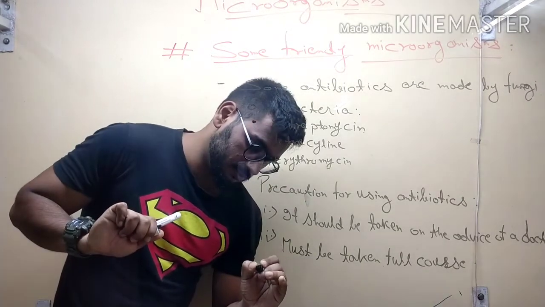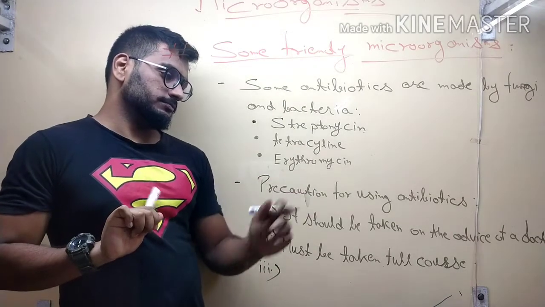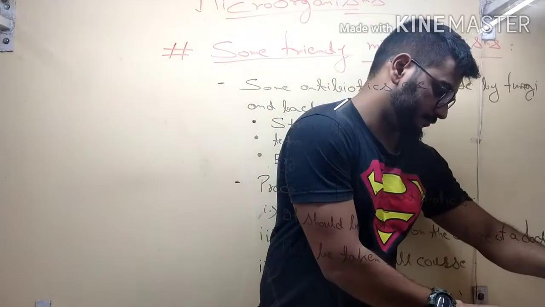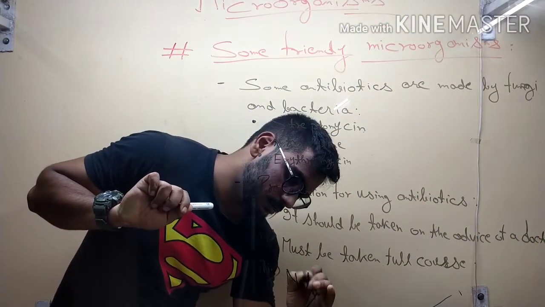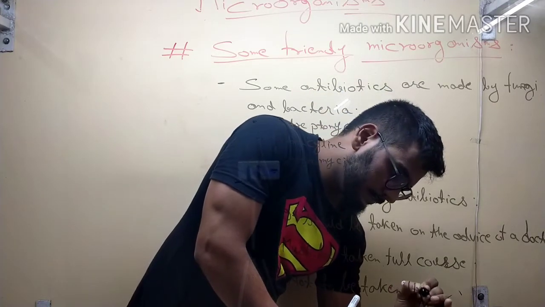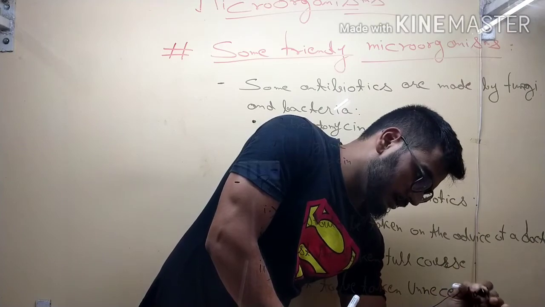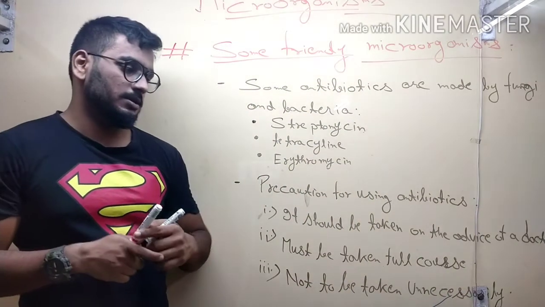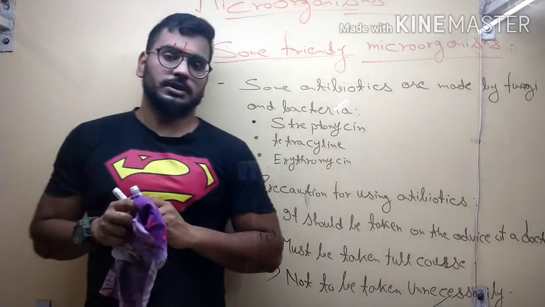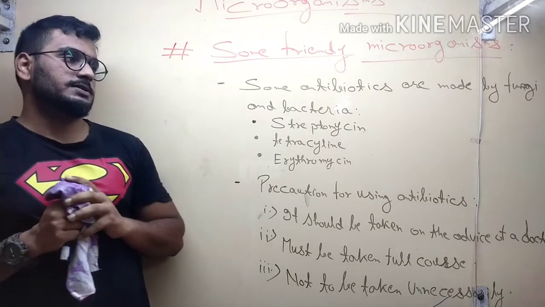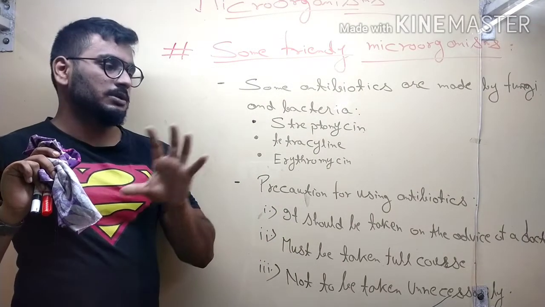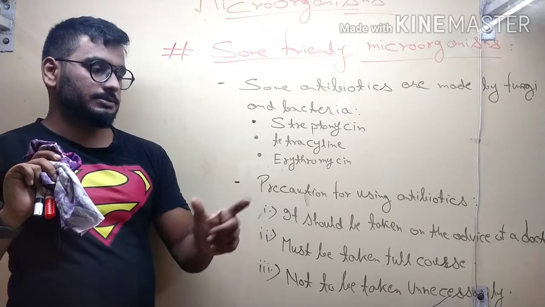वी हैव वन मोर पॉइंट अबाउट प्रिकॉशंस इज not to be taken unnecessarily. हमें इसे नहीं यूज़ करना चाहिए। जब ज़रूरत हो तभी यूज़ करें, अननेसेसरी इसे यूज़ नहीं करना चाहिए। So these were some points about making antibiotics using microorganisms, and when you use those antibiotics you must take some precautions.